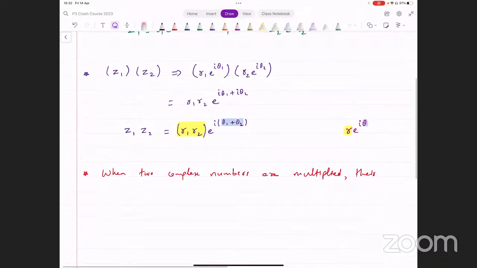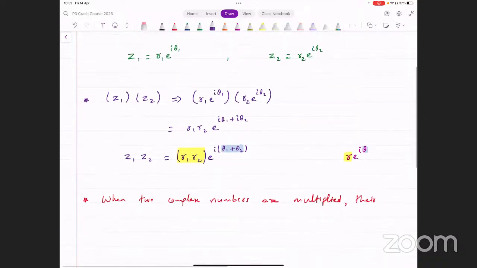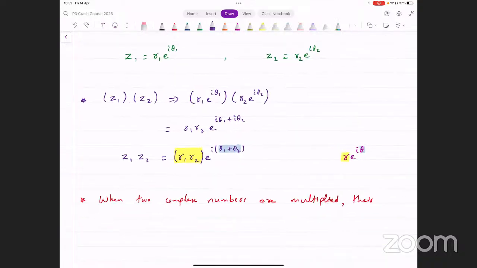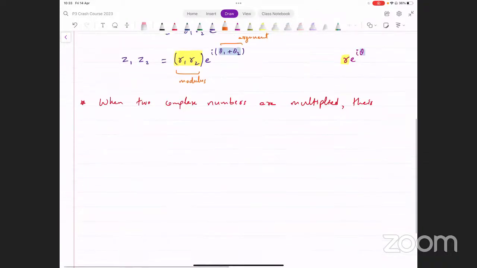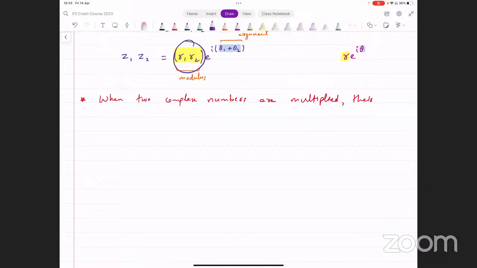You see, the modulus of z1 was r1, the modulus of z2 was r2. What about the modulus of z1 z2? That's turning out to be r1 r2. This is the modulus of the product of those two complex numbers. And what you have in the power here with iota, this is the argument. So when two complex numbers are multiplied, their modulus are multiplied.